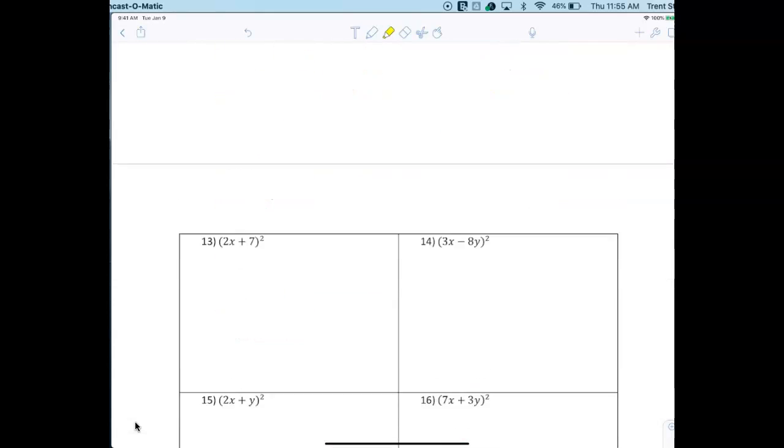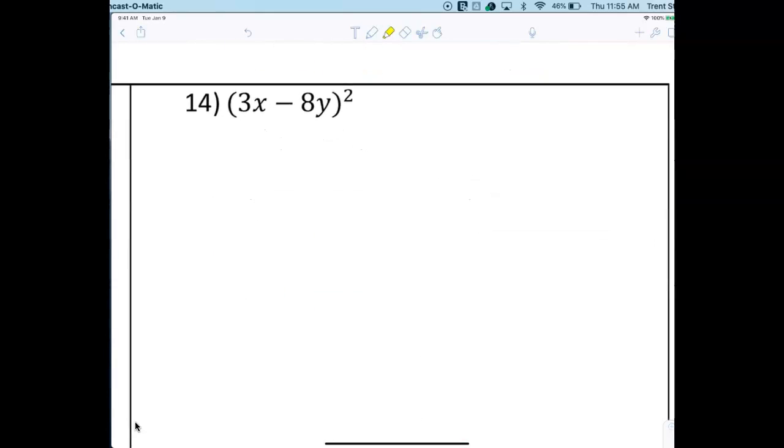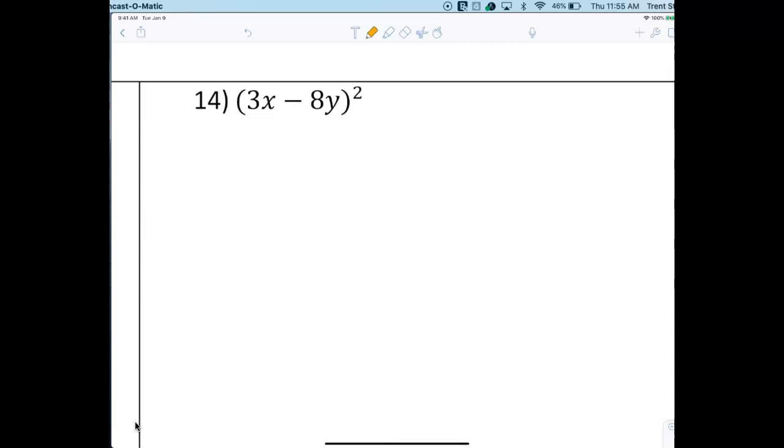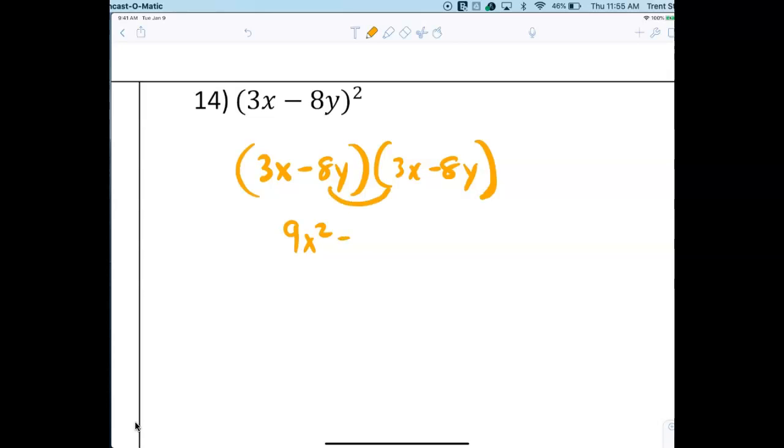Now I want to get to something like number 14. Everybody take a look at 14: 3x minus 8y times 3x minus 8y. So 3x times 3x is what? 9x squared. First smiley face: negative 24xy.